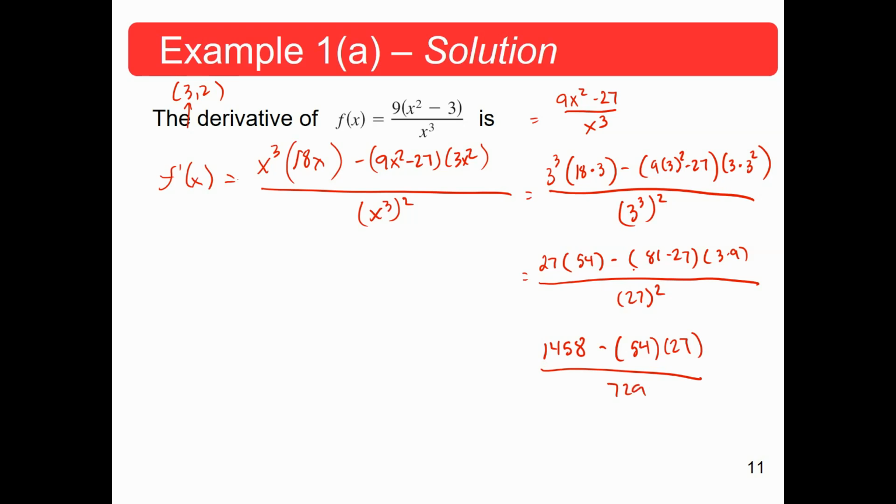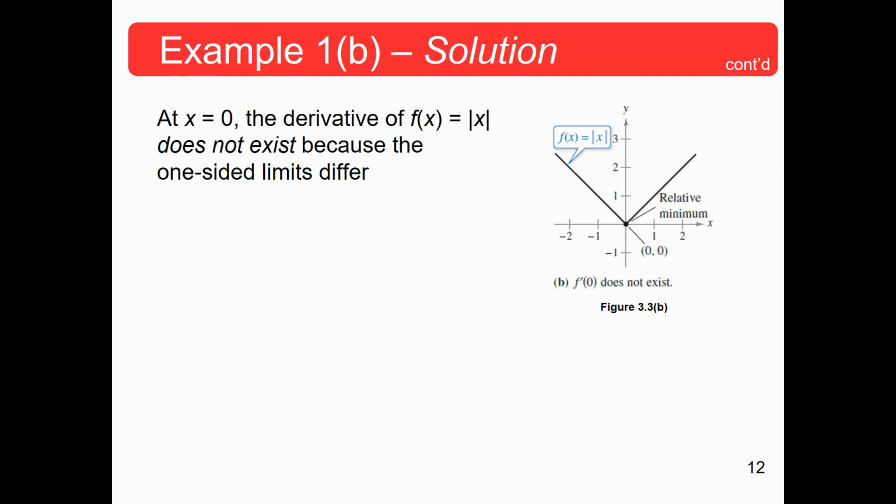But 54 times 27 is just 1458. So 1458 minus 1458 over 729 is 0 over 729, which is 0, right? So we just mathematically proved, not just by inspection, but proved that the derivative at 3, 2 is equal to 0.